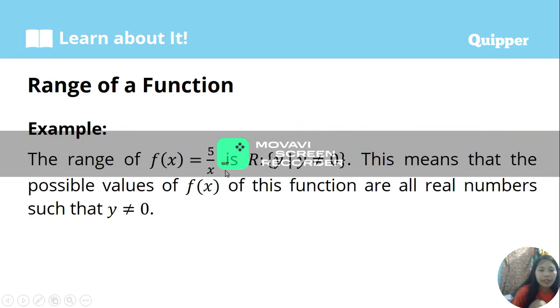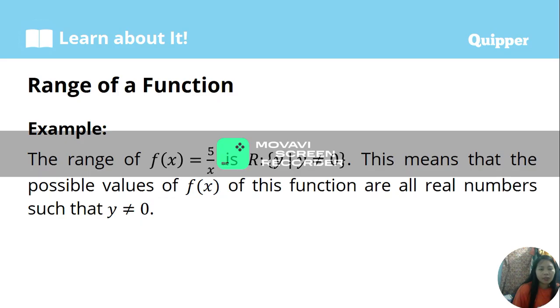For example, if we have f of x equals 5 over x, the range R is the set of y such that y should not be equal to 0. This means that the possible values of f of x of this function are all real numbers such that y should not be equal to 0.